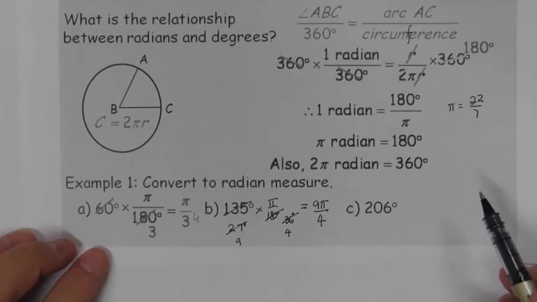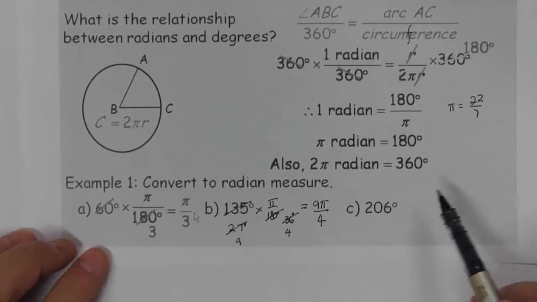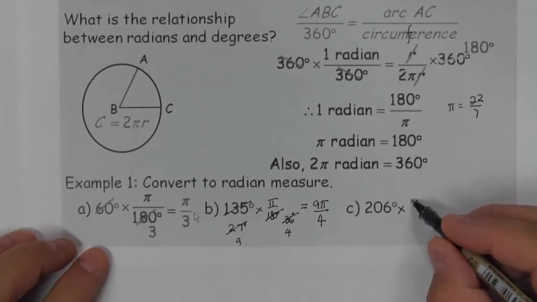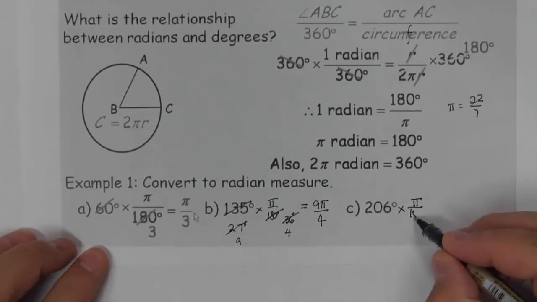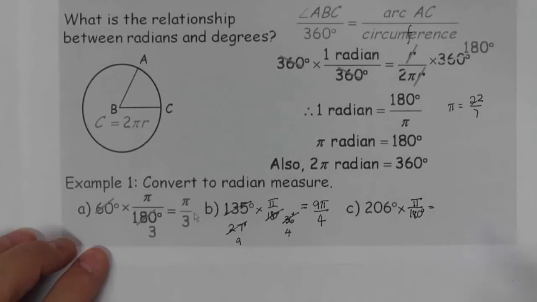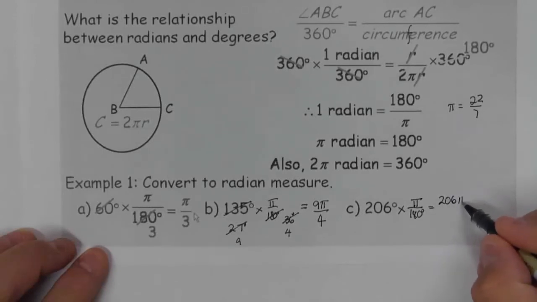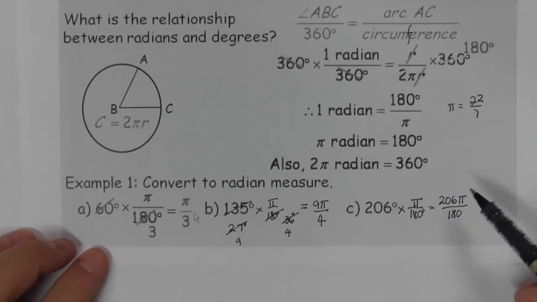Okay? And on the other side, we have that 206. Again, the same thing. I'm going to do the conversion. I will say 206 times pi over 180 degrees, and then do the conversion. And for the interest sake of this exercise, I'm just going to leave it as 206 pi over 180. Okay, and that basically you will be able to simplify it.